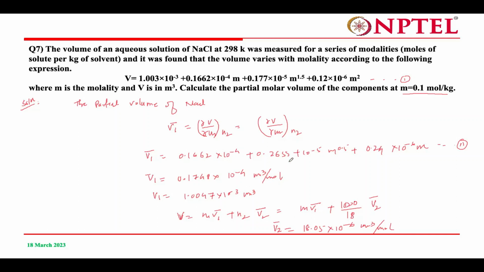So we calculate the partial molar volume of the component. Here the partial molar volume of ethanol is 0.174 into 10 to the minus 4 meter cube per mole. For water, 18.05 into 10 to the minus 6 meter cube per mole.